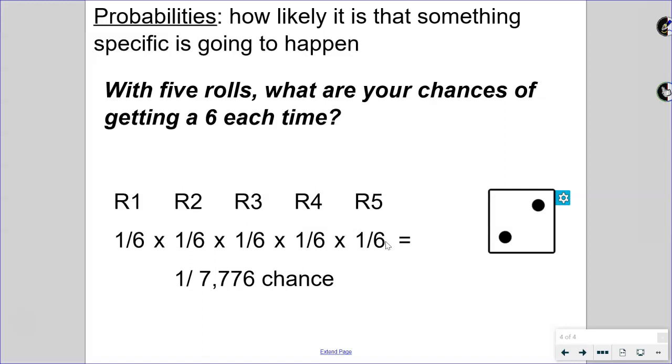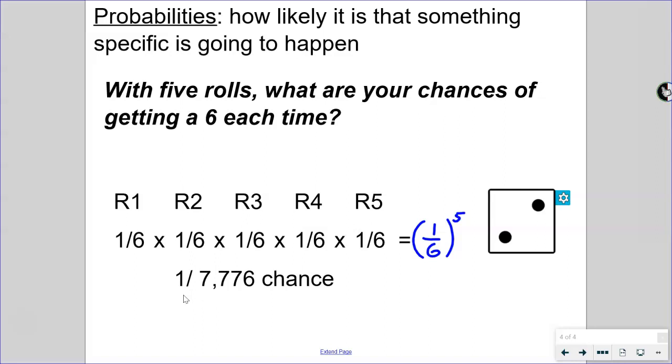I can write this as an exponent as (1/6) to the 5th power. I'm going to write that exponentially. And if you actually multiplied 1/6 times 1/6 times 1/6 times 1/6 times 1/6, your likelihood of rolling a 6 on all 5 of your rolls is 1 out of 7,776.